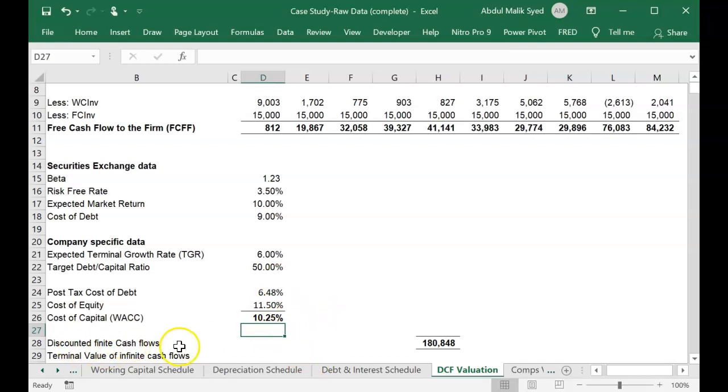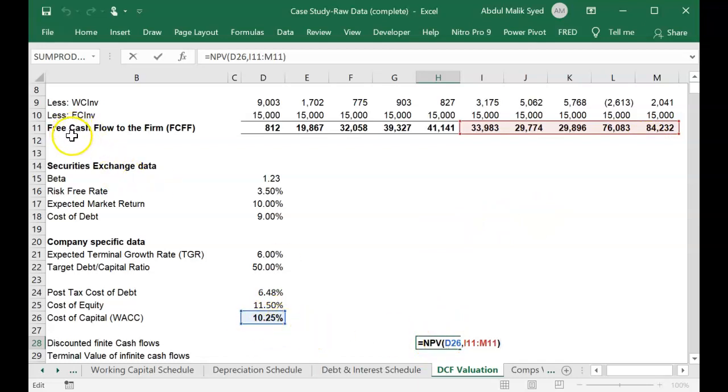So now, discounted finite cash flows, we use the formula. You can see the formula here, because we are going to use it only for the projections. We have the terminal year cash flows to be also computed. For the free cash flows to the firm for each of these years, we use the standard NPV formula with the WACC as the discount rate.